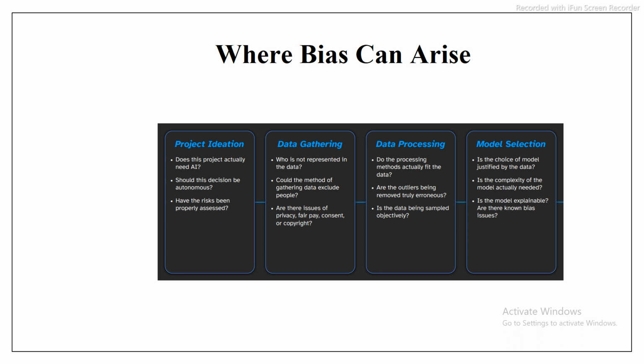And then comes model selection, how you are selecting a model. Is the choice of model justified by the data? For example, if it is a binary classification problem, such as whether people are going to churn or not, and your data is highly non-linearly separable, then you will not use logistic regression.